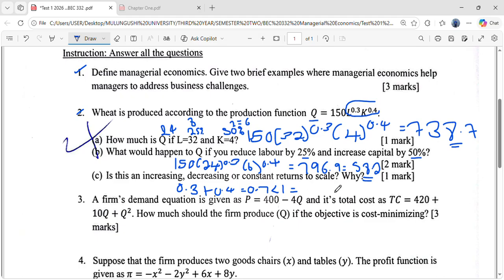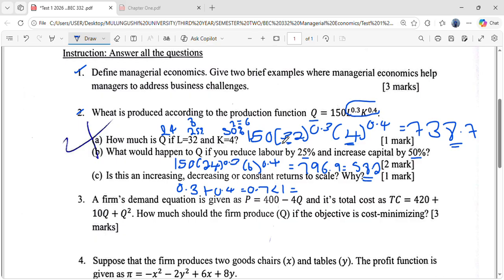In another way, if you want, you can reduce these inputs by 50%, meaning you're going to use 16 and you're going to use 2. So by arithmetic calculations, remember we're halving these, so 32 will go to 16 to the power 0.3, and 4 is going to 2 to the power 0.4.